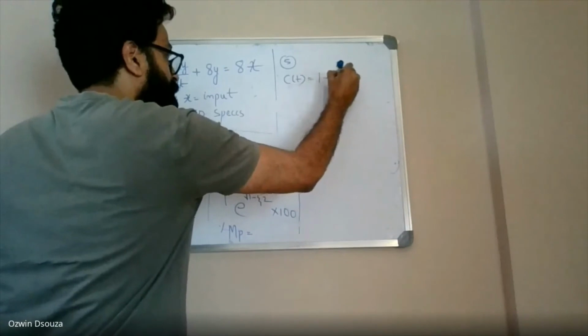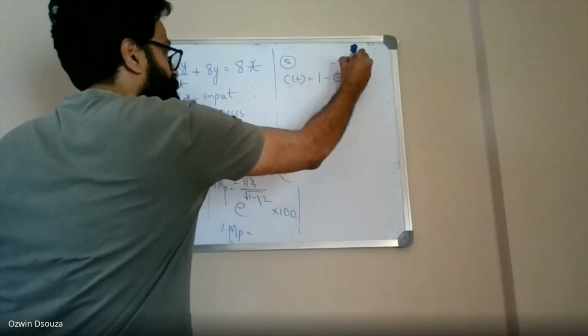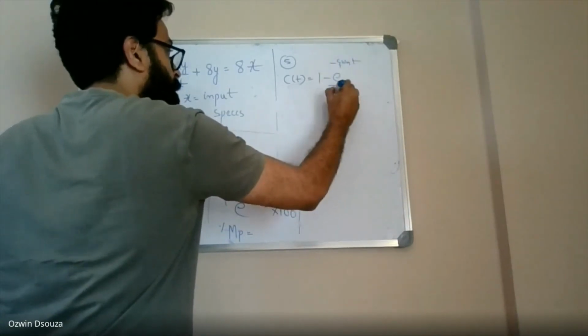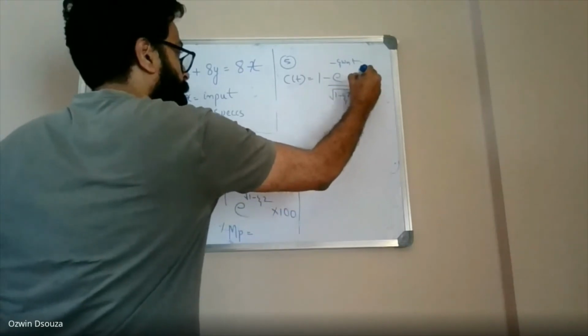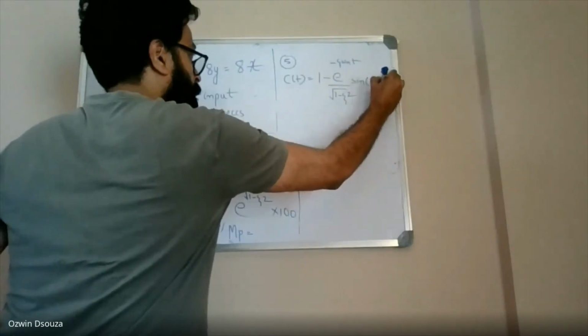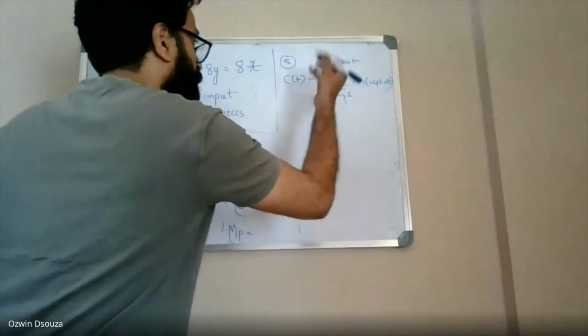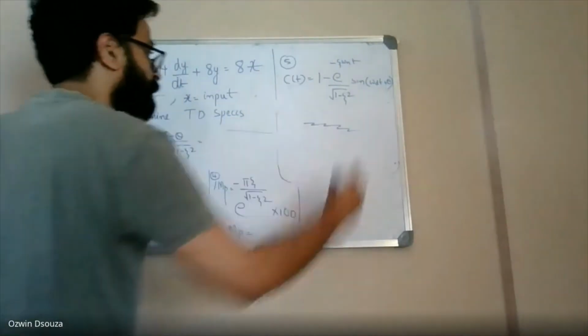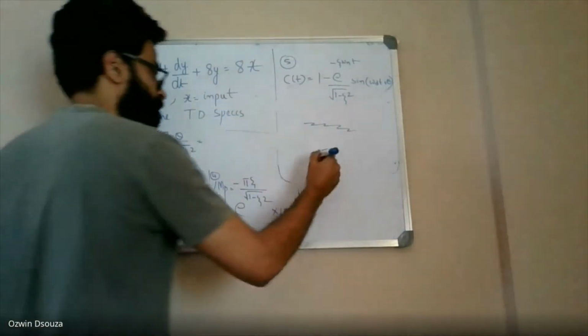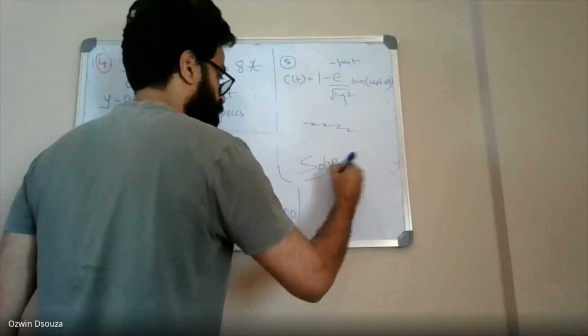C of t is equal to 1 minus the conventional formula. Just solve this.